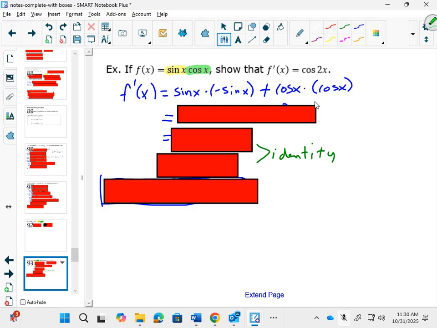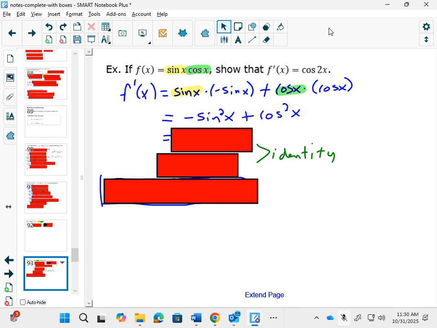I keep my first one the same. Derivative of the second one. Well, that's a new shortcut. Derivative of cos is negative sine. Then I keep the second one the same. And then I use another new shortcut. The derivative of sine is cos, which gets me negative sine squared plus cos squared.